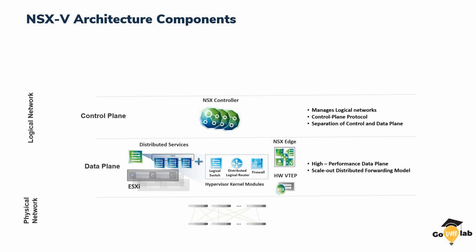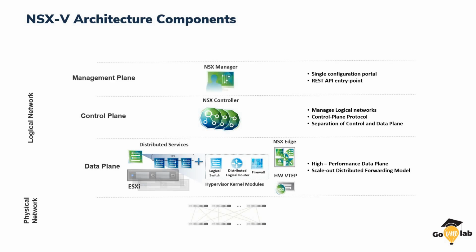So you could say it is the brain of your entire NSX networking, which has a complete layout of your NSX switching and routing functions. It also gets deployed as a 3-node controller cluster. In the subsequent slides, we'll discuss each of these components in a little more detail.